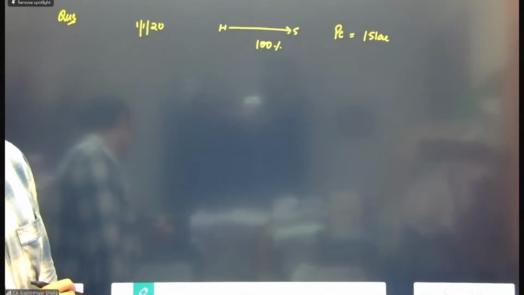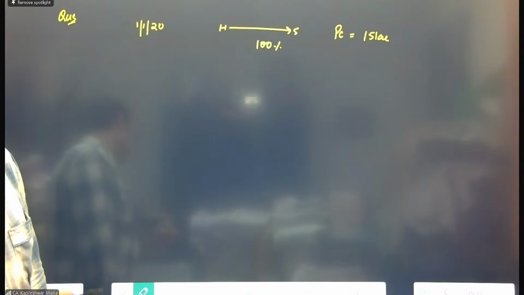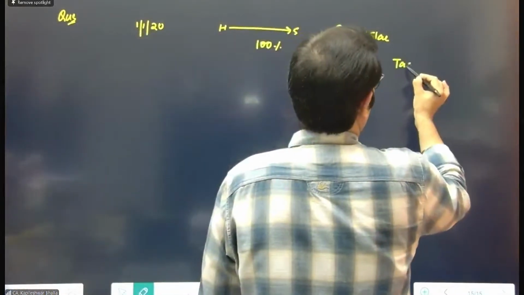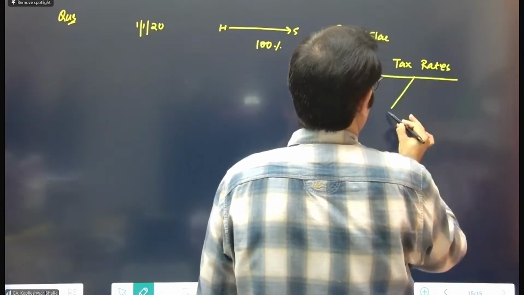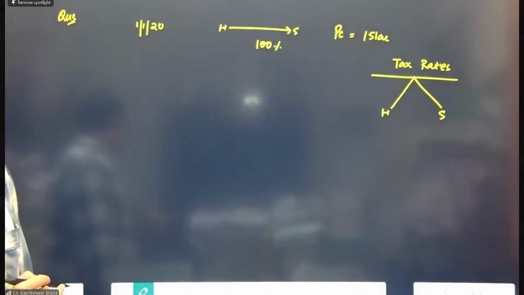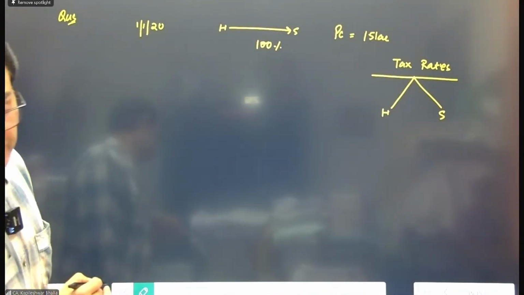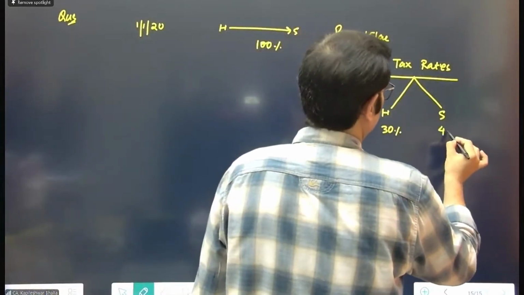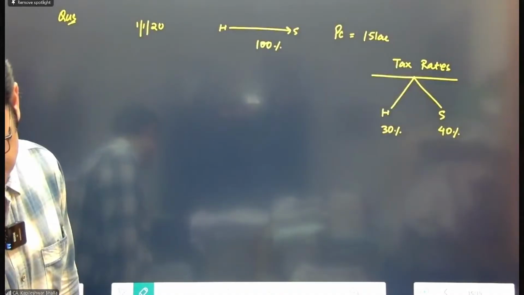I am also given some more information, and let's consider that I am given the tax rates, in the jurisdiction of the parent company and in the jurisdiction of the subsidiary company. Let's say the tax rate in the jurisdiction of the parent is 30%, and the tax rate in the jurisdiction of the subsidiary is, let's say, 40%.